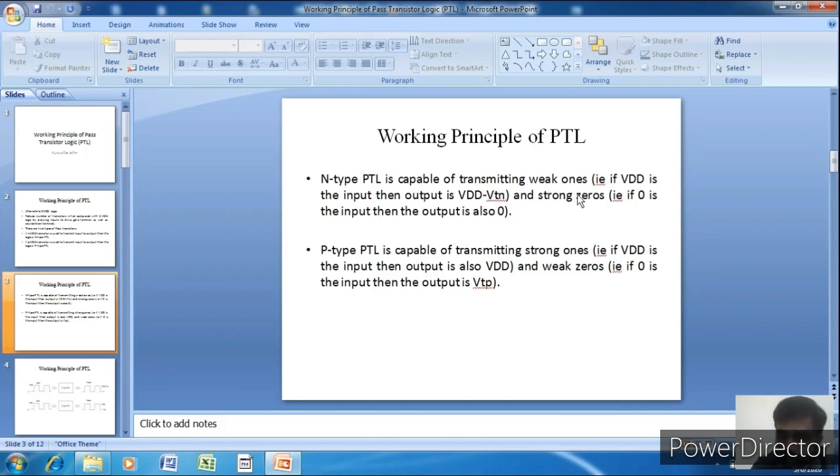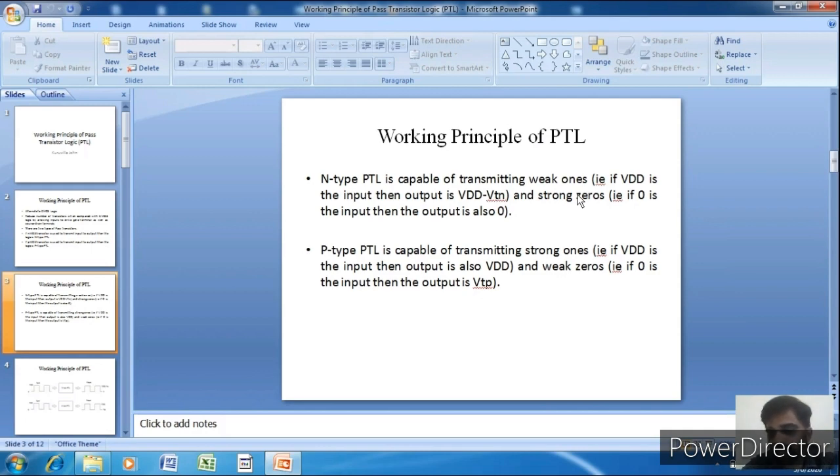On the other hand, if we try to transmit a 0 or logic 0 or ground value through an NMOS pass transistor logic or N-type pass transistor logic, we will get the 0 at the output. So it is capable of transmitting 0 directly from input to output, but N-type pass transistor logic is not capable of transmitting 1 or VDD from input to output directly, because it transmits only weak 1s.